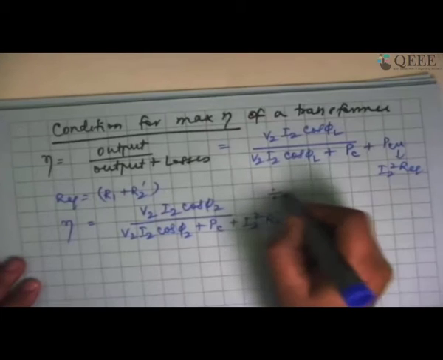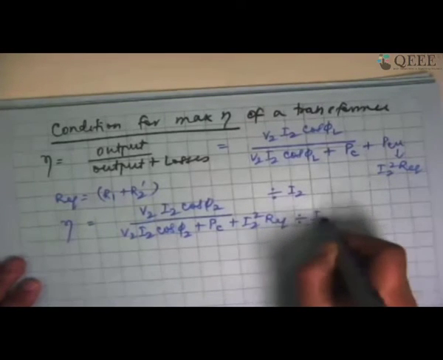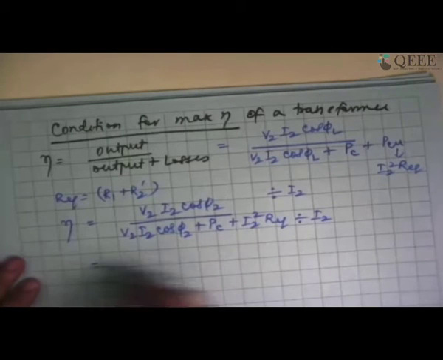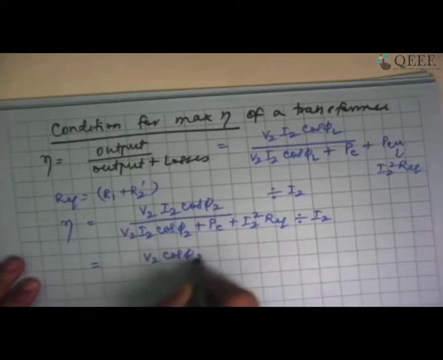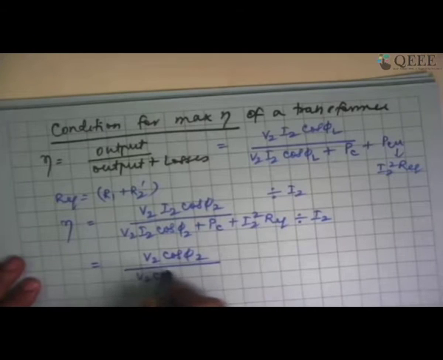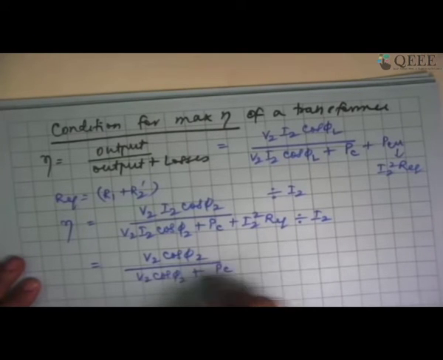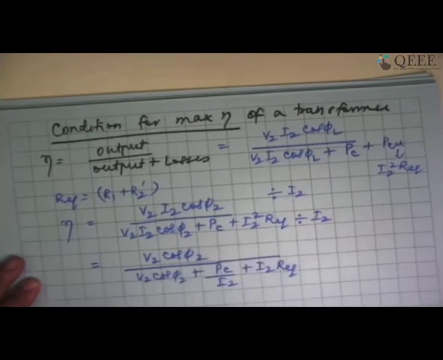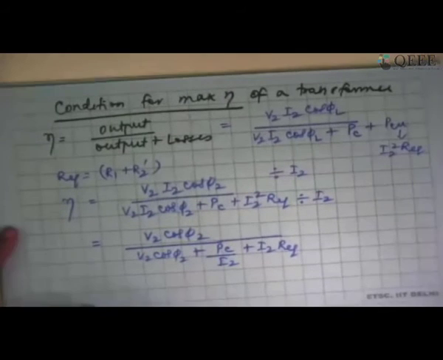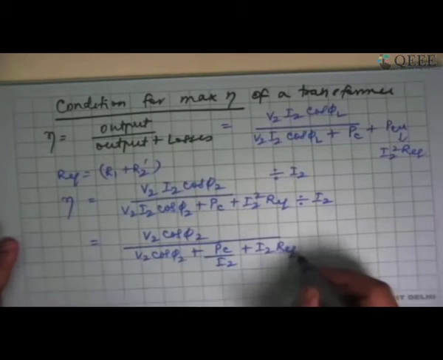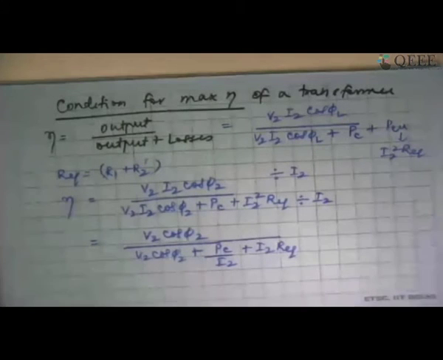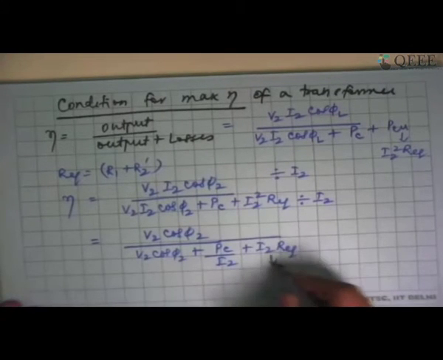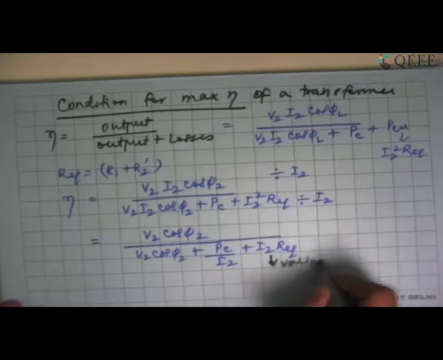Let me divide the denominator as well as the numerator by I2. So I will be able to write V2 cos phi 2 divided by V2 cos phi 2 plus PC by I2 plus I2 R equivalent. At what point is the efficiency maximum? That's what I want to calculate. And in this, my variable is I2, because the load current can be 50%, 100%, or 75%.